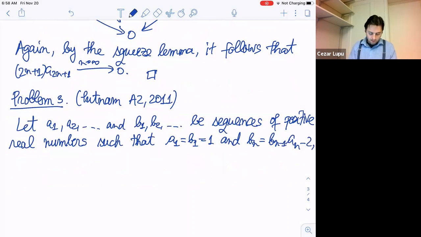That's funny. For n equals 2, 3, and so on.